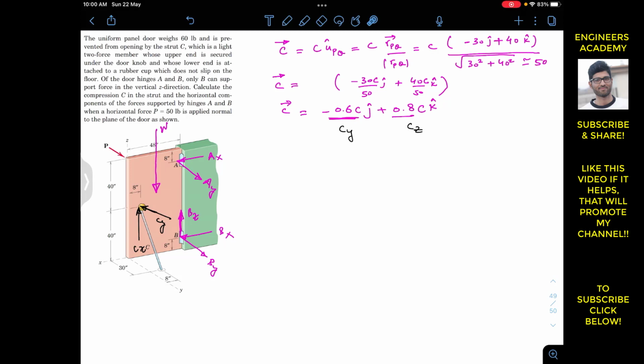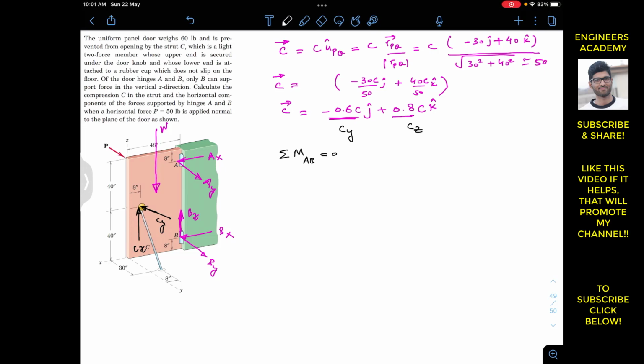Now to find C, since the problem statement says to calculate the compression C in the strut, I am going to apply the summation of moments about the hinge axis, that is the AB axis, equal to 0, since the door is in equilibrium, at rest.